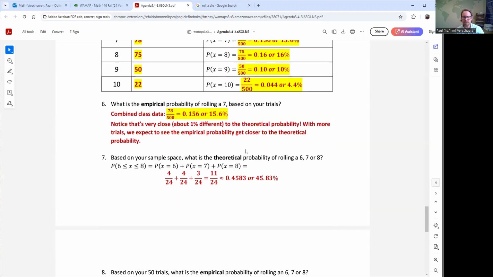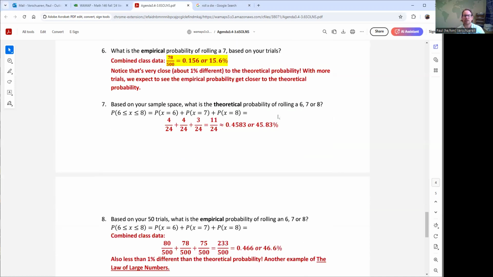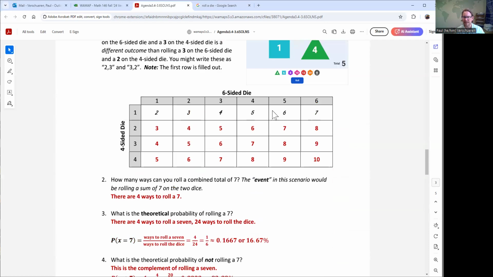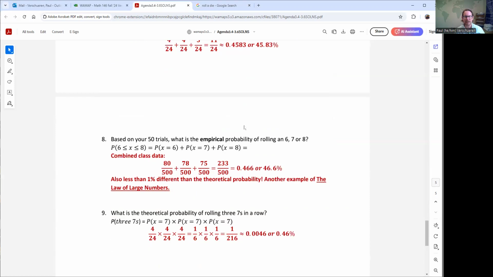I had this other thing based on the theoretical probability of rolling a 6, 7, or 8, based on the sample space. This table shows how it would all work out theoretically: there are 4 ways to roll a 6, 4 ways to roll a 7, and 3 ways to roll an 8. So there's an 11 out of 24 chance, or a 45.83% chance, of rolling a 6, 7, or 8.